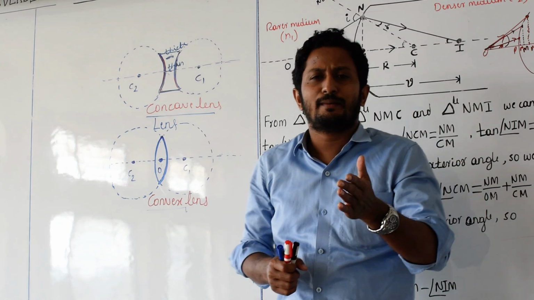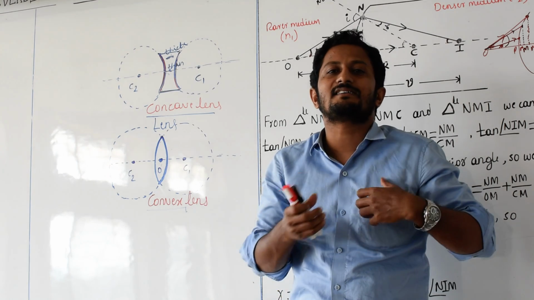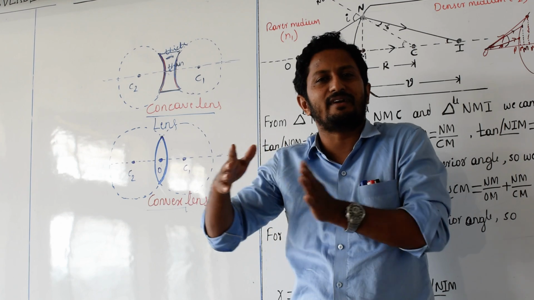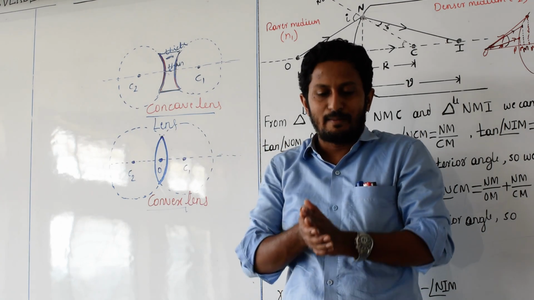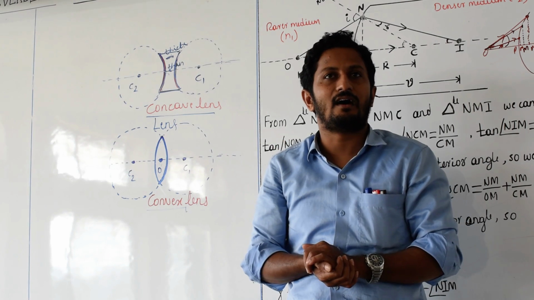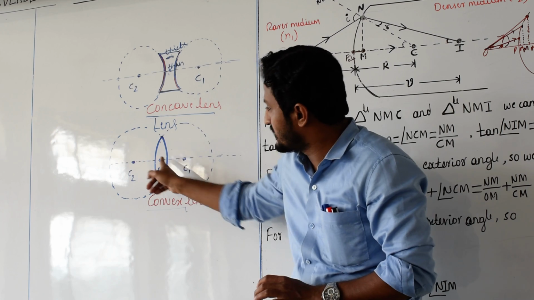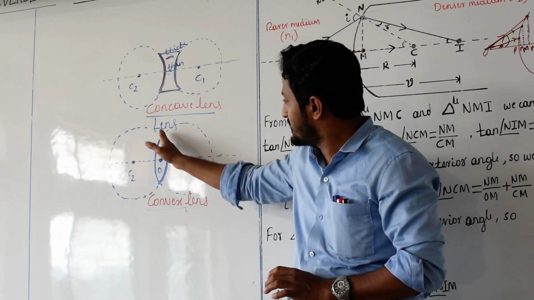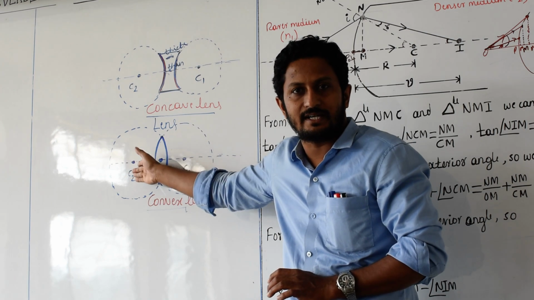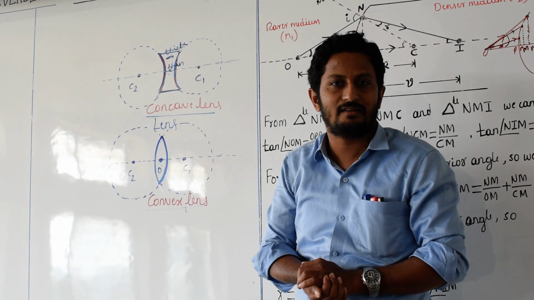Then again, based on the presence of their sides, they are named in a different way. How? This one, you see on both sides. This is one side and that one is another side. On both sides this lens is thick at the middle.